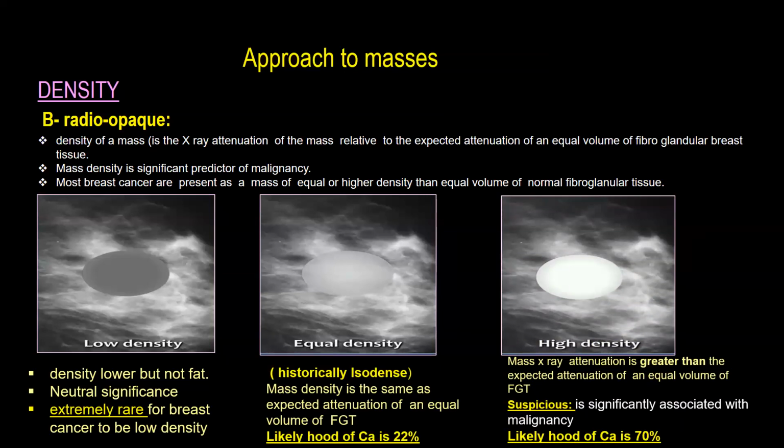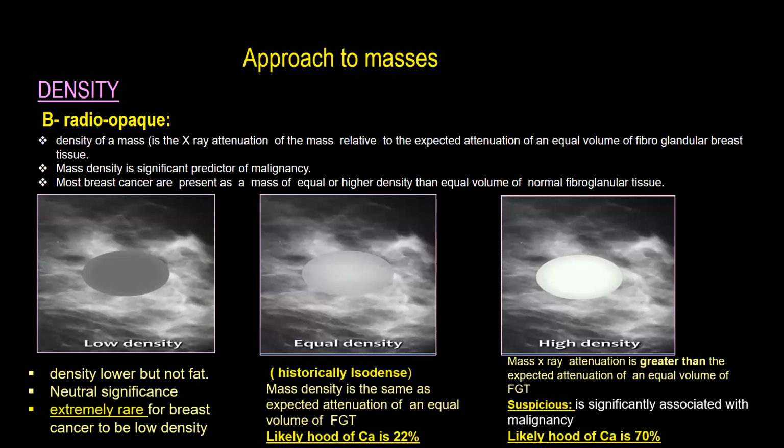And for high density, the mass has greater than expected attenuation of an equal volume of fibroglandular tissue. This is what is usually seen in cancerous mammographic masses and is significantly associated with malignancy, with a likelihood of 70. So it will be BIRADS 4C.